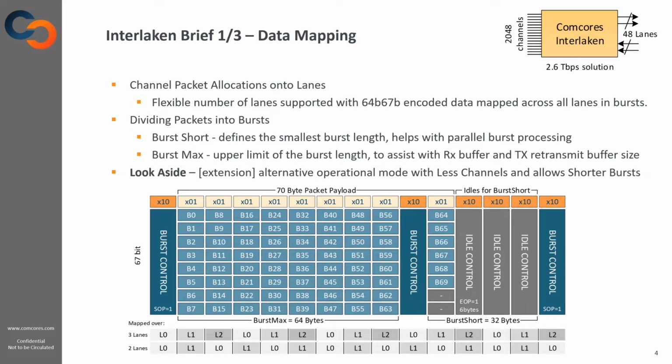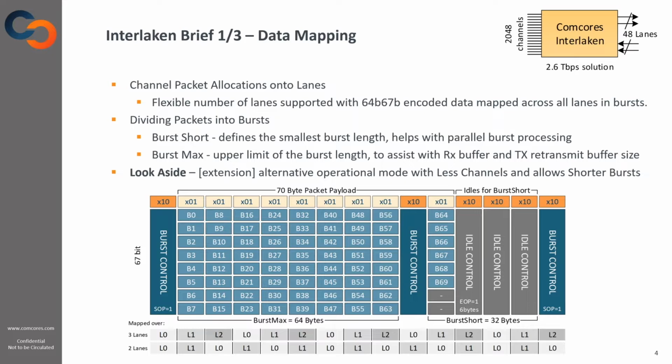And this data is mapped into bursts, so packets are split into burst-sized pieces to be sent across links. So there are 2 parameters that control the burst size in Interlaken. One of them is burst short, which defines the shortest burst that can happen. So it helps with processing multiple bursts at once inside of the design.